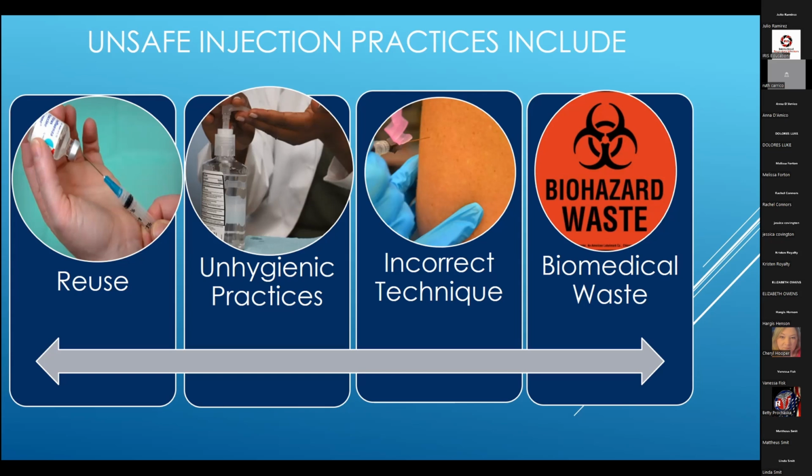And then incorrect technique. Some vaccines are administered intramuscular, subcutaneous, or intradermal. So we want to make sure that we know how to administer these properly because that's how they will be effective. So the angle of how you will administer the vaccine, whether it's 90 degrees, 45 degrees, needs to be reviewed. And then biohazard waste.